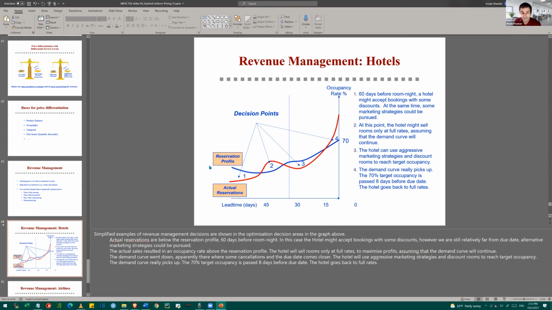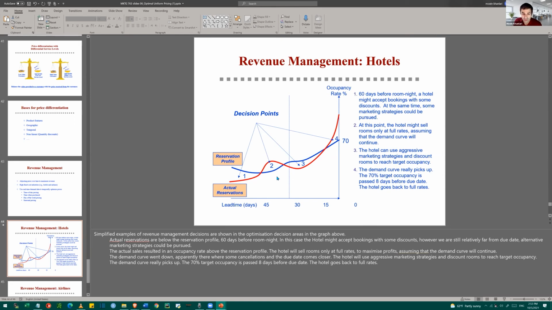So these are a little bit more sophisticated pricing schemes, and they again use the demand data just like we're using. And depending on how demand changes over time, for example, for hotels, it depends on the lead time, how many days remain until the occupancy day, and how many rooms have been occupied or reserved.